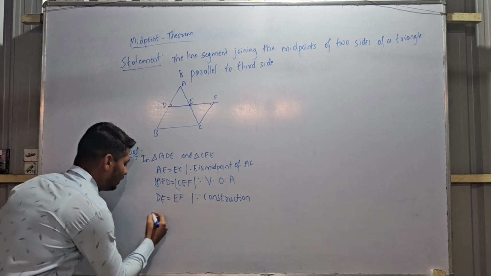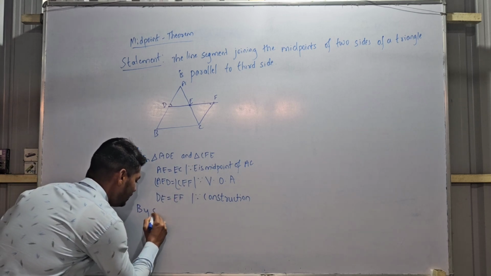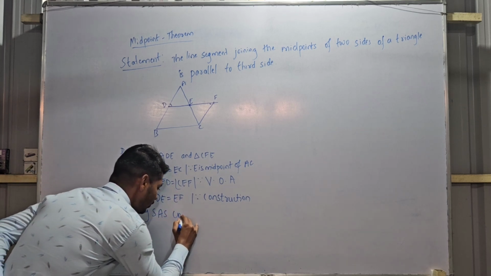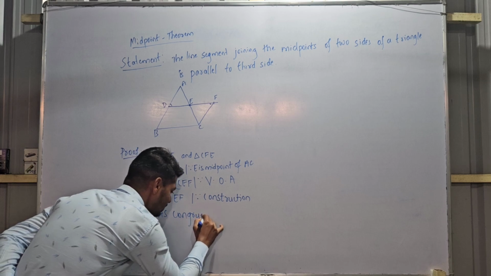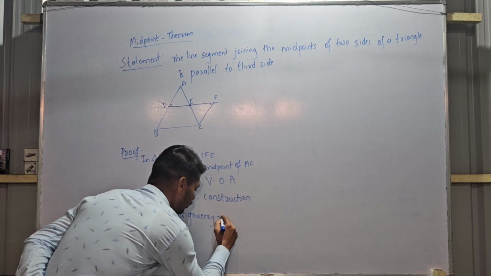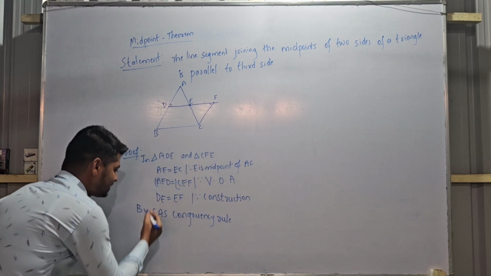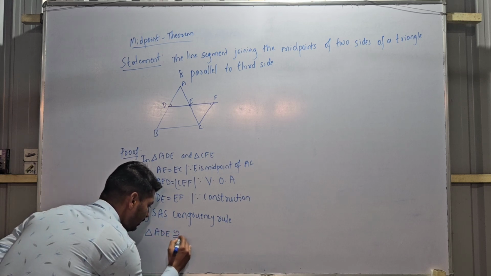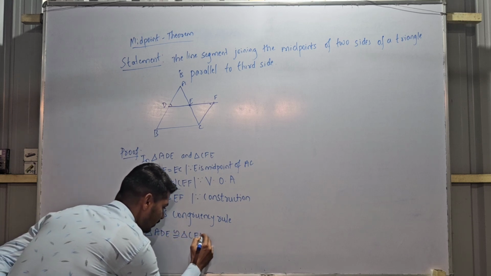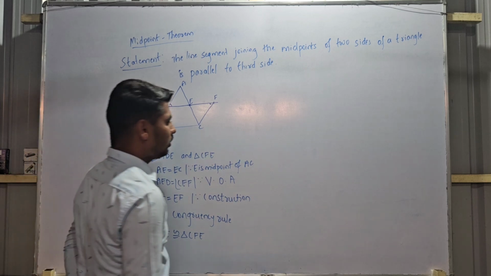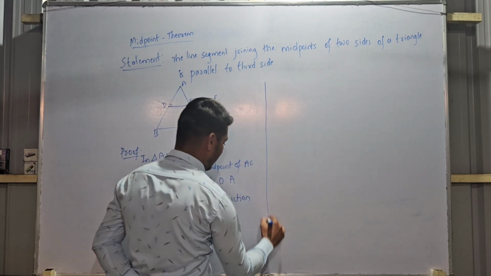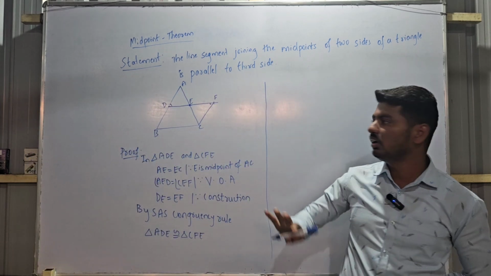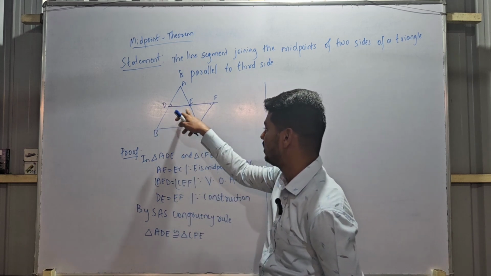Hence by the SAS congruency rule, I can say that triangle ADE is congruent to triangle CFE.